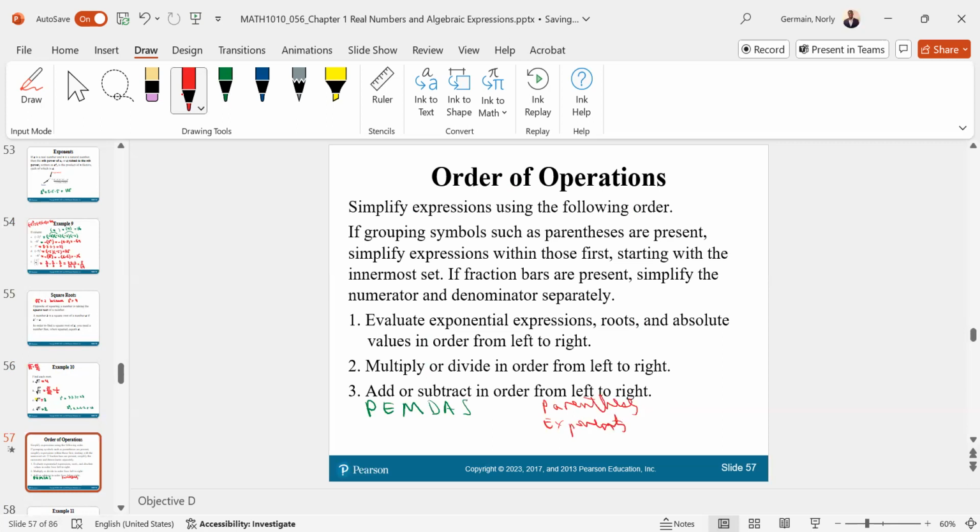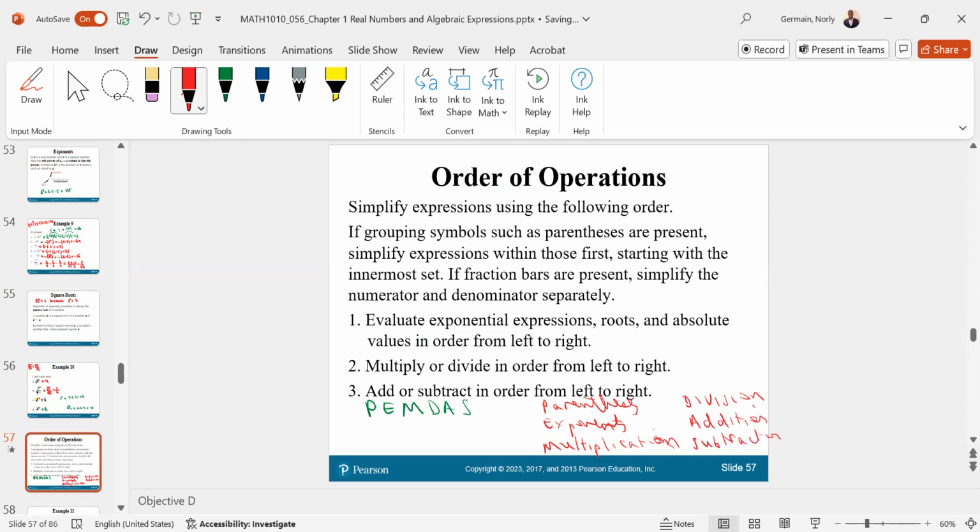Then you do the multiplication from left to right, because you can do multiplication or division. So it doesn't matter, as long as if you find multiplication first, you do multiplication first. If you find division first, you do division first, all right? But you cannot do addition or subtraction before division and multiplication when you find them in kind of a product, okay? So that's very important. Then addition and subtraction. So that's what we call PEMDAS.